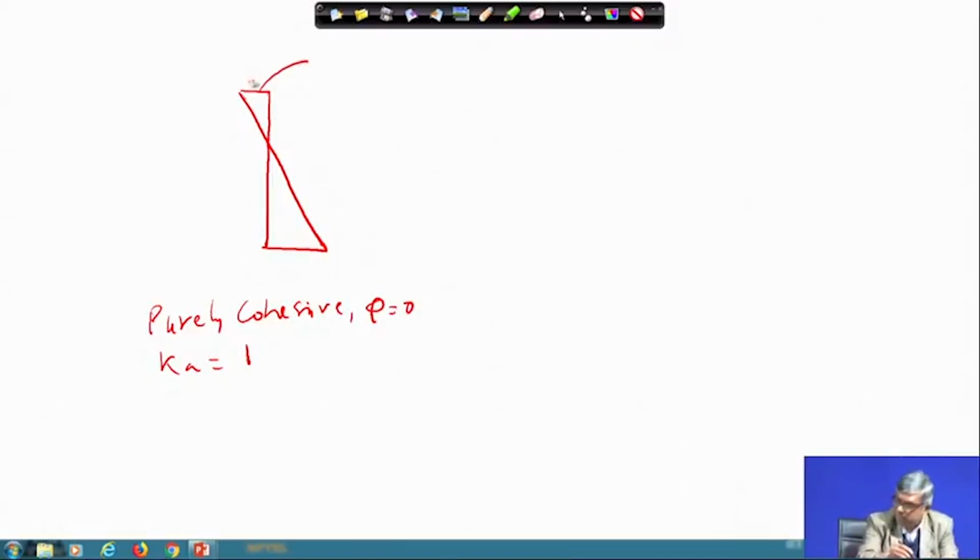At this point, what will be the value? You have P = sigma_1 K_A minus 2C root K_A. This occurs at 0, so it will be 2C root K_A, and ultimately it will be minus 2C only at this point.